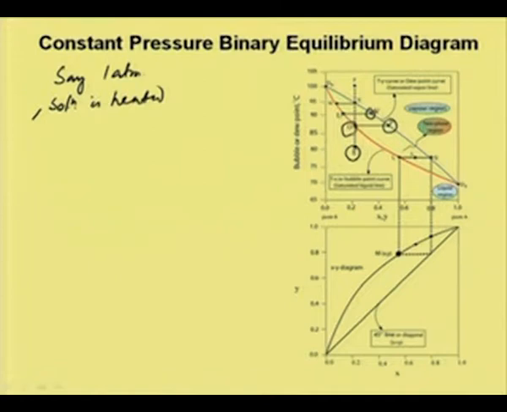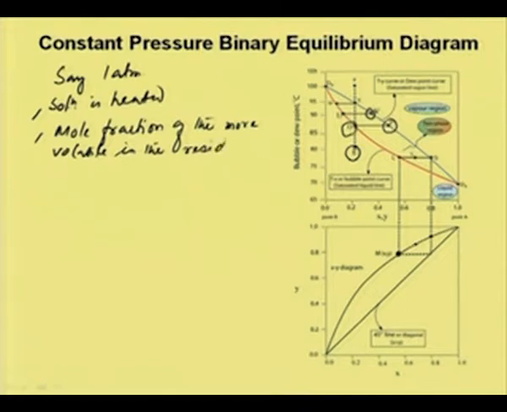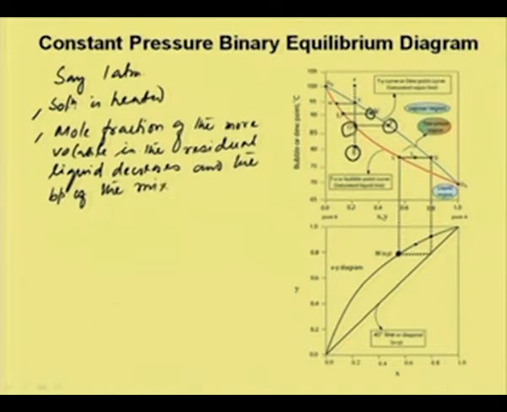So, the mole fraction of the more volatile component in the residual liquid decreases and the boiling point of the mixture continues to increase.